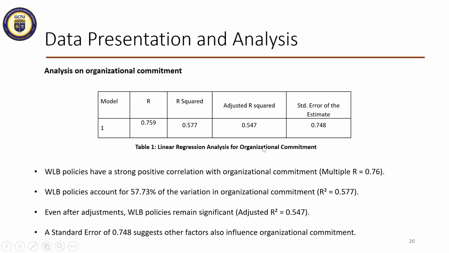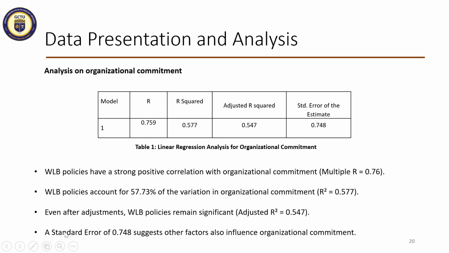So there's a strong positive correlation between work-life balance policy and organizational commitment, which also means that if you are an organization and you have a good work-life balance policy, the people in your organization will intend to commit. Now, work-life balance policy accounts for about 57% of the variations in organizational commitment. So that was the R squared value. That's about 57%. And then even after the adjustments, work-life balance policy still remains relevant, at 0.547.